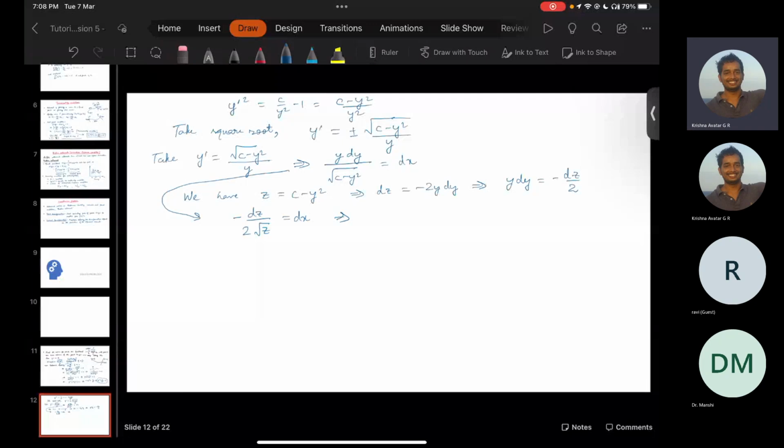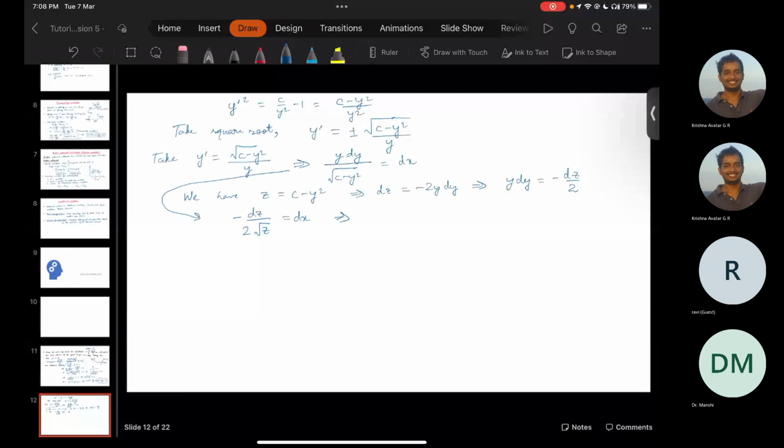And substituting in the expression for z, we'll have minus c minus y squared to the power half is equal to x plus c2. And now we'll square on both sides, and this gives us c minus y squared is equal to x plus c2 whole square.